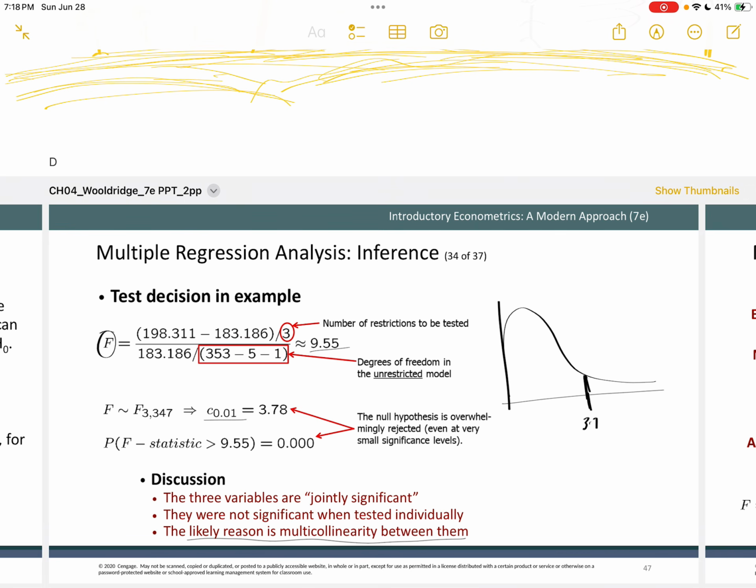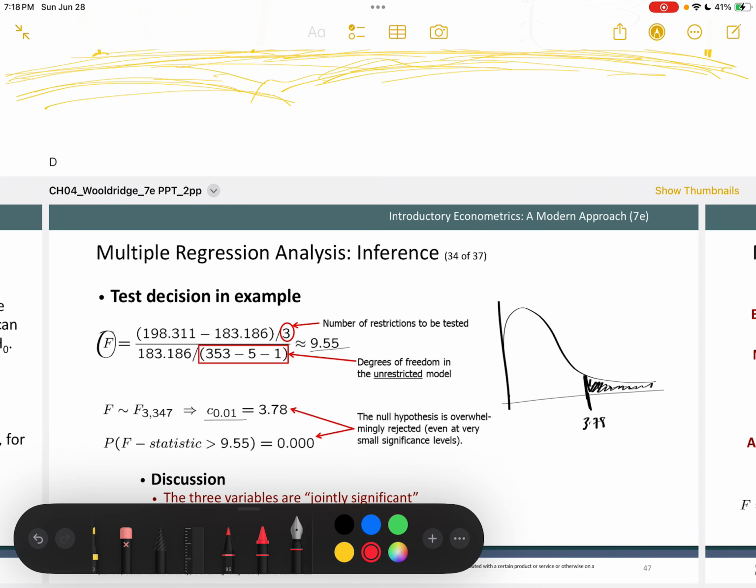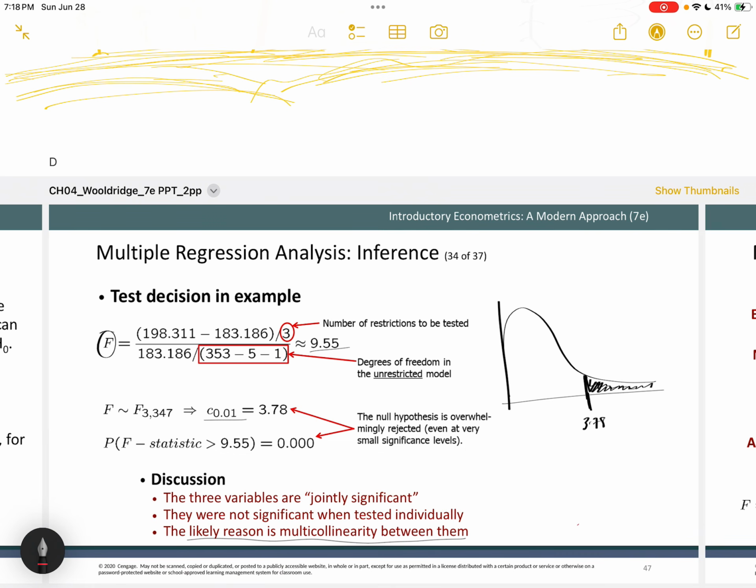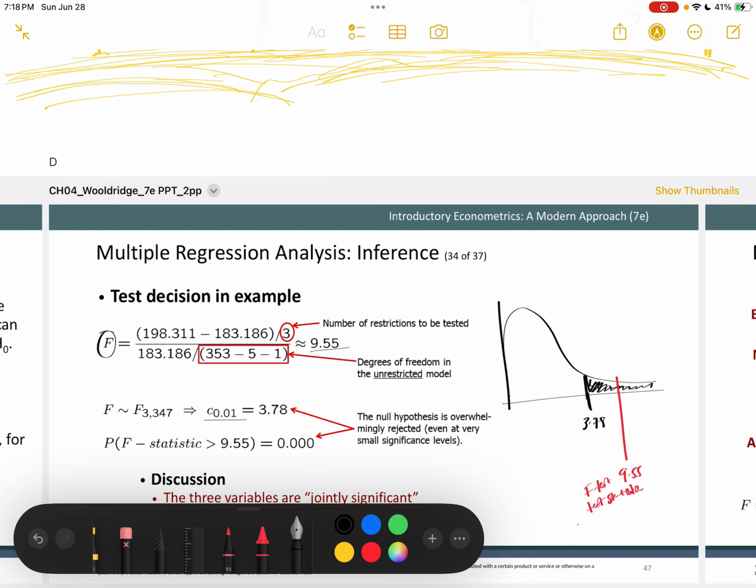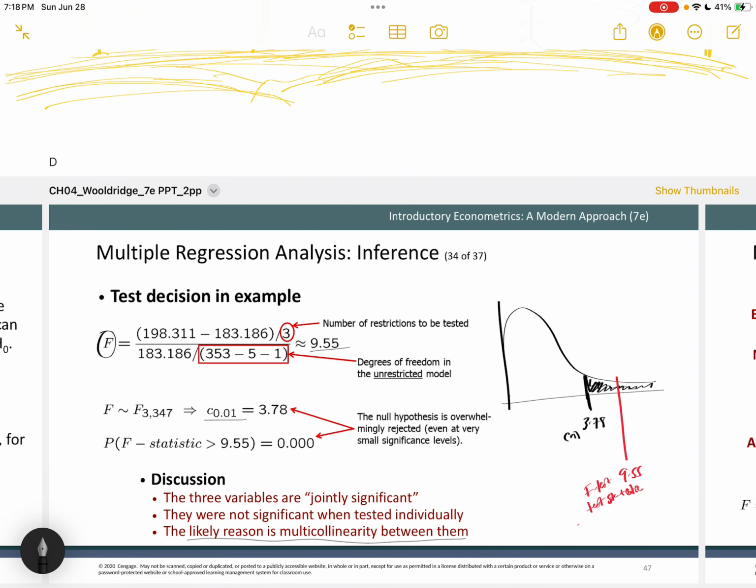So you have here your critical value, 3.78, and I'm going to shade that all black, and in red I will put in our 9.55. And what is the 9.55? That's the f-test, or the test statistic, the calculated test statistic.